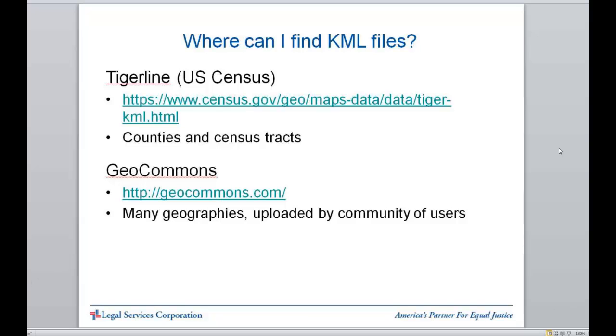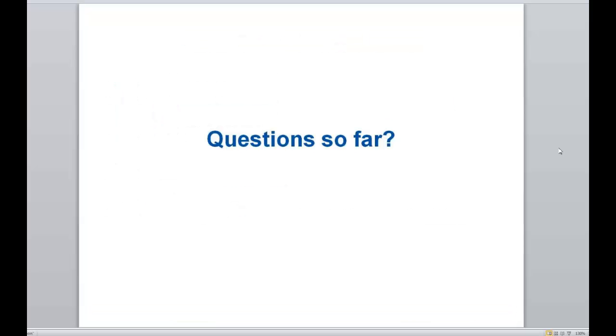GeoCommons is a public community of users who are making maps for public use, and they actually have their own web-based mapping software that you might want to check out. But in addition to that, what I like about it is that you can go and browse other people's maps and then download them as KMLs or as SHPs. So this might actually be a good resource for getting those KMLs of those regions that you are looking for.